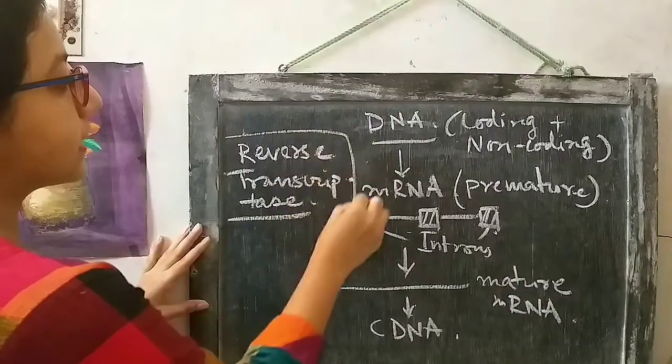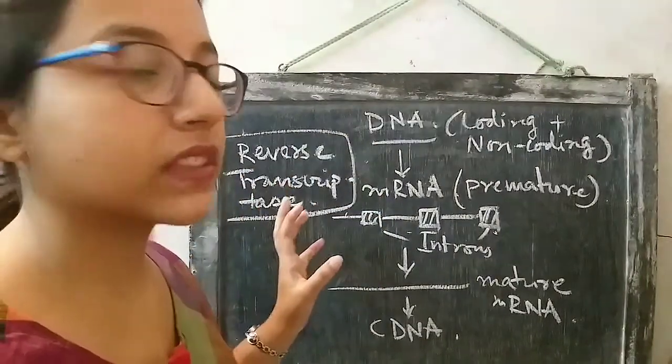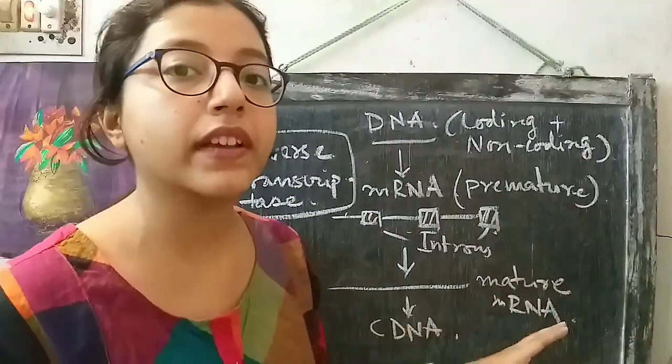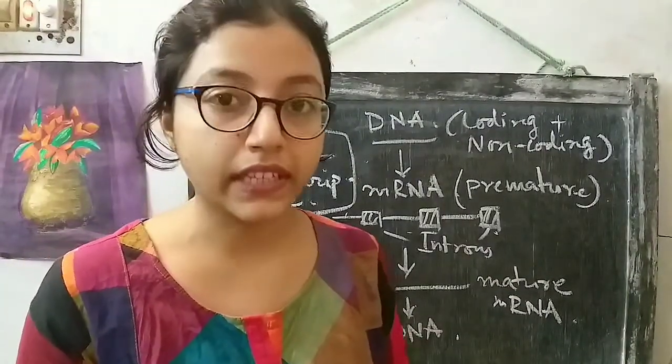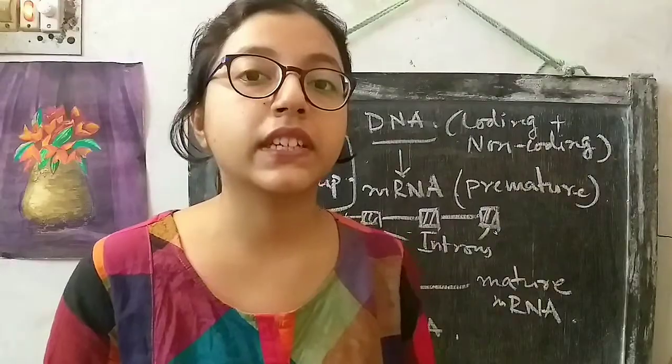This enzyme is involved in the conversion of the mature mRNA that contains only the coding sequence into the complementary DNA. So this is how the complementary DNA is formed.